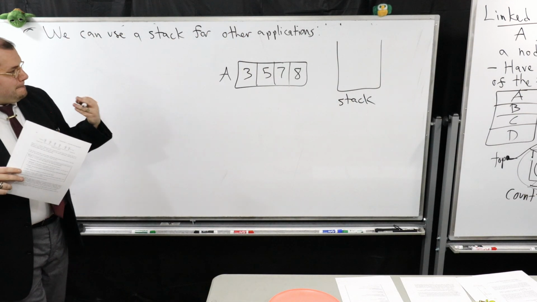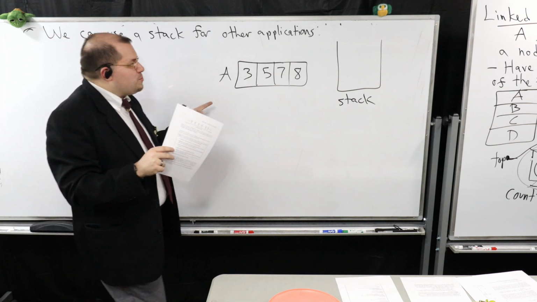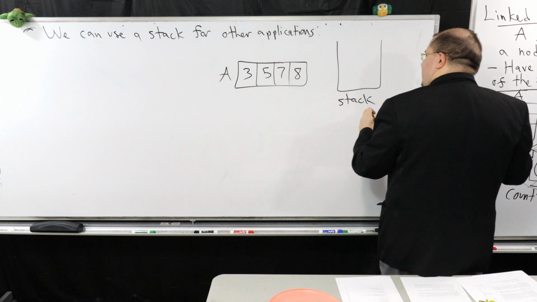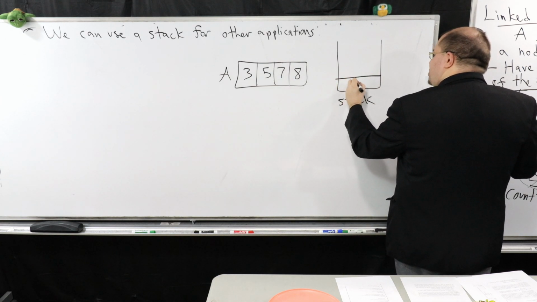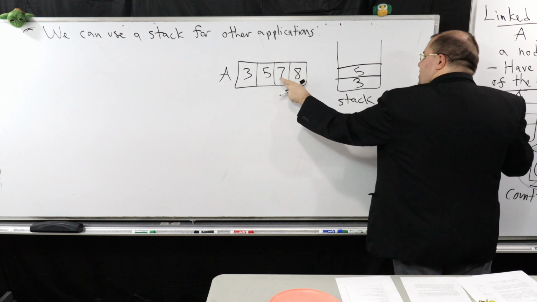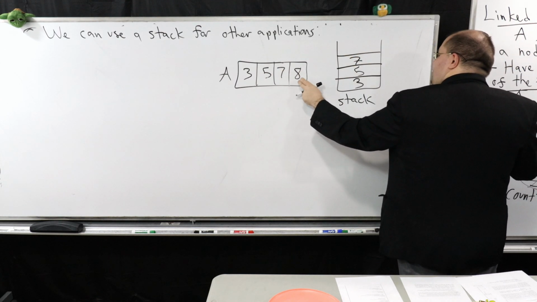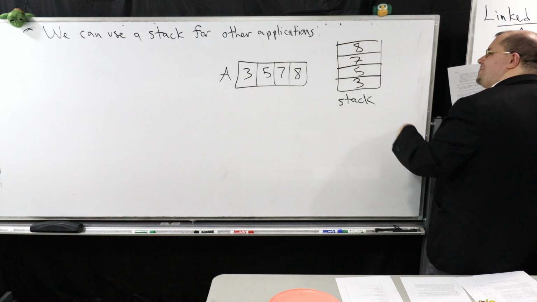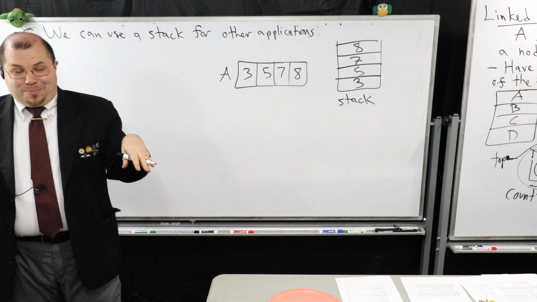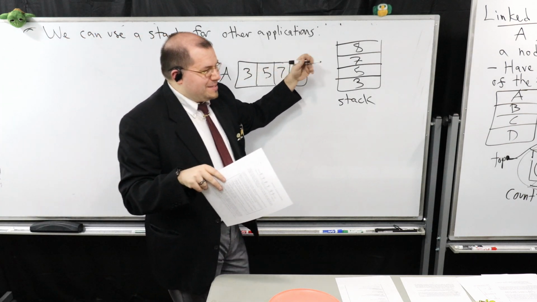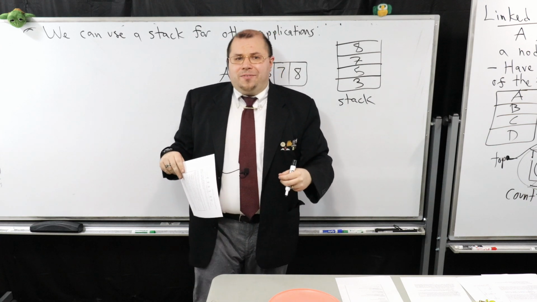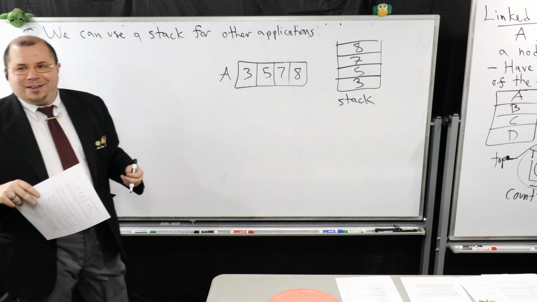Now, what I'm going to do is push each one of these numbers as elements into my stack. So I'm going to push 3, then 5, then 7, then 8. Now I want you to think about this. If I pop the elements from this stack until the stack is empty, what order am I given these elements from the stack?